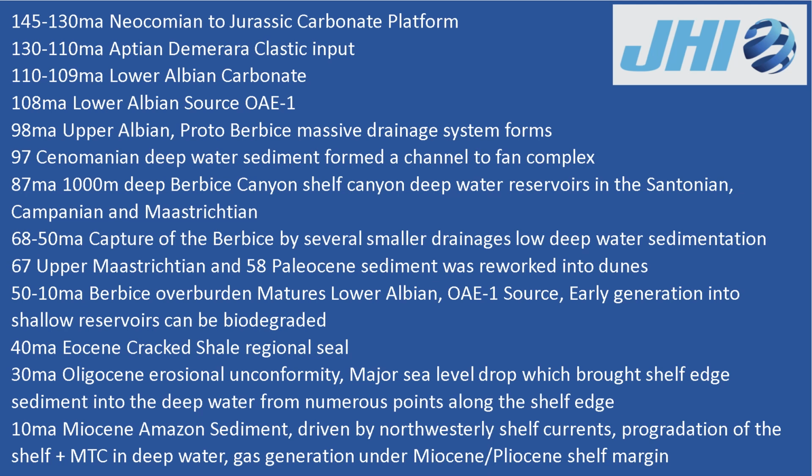Then in the top of the Cretaceous, the Berbice is captured by a series of smaller drainage systems, and the sediment is stored up in the shelf and in these systems, so the deep water sedimentation is very low.